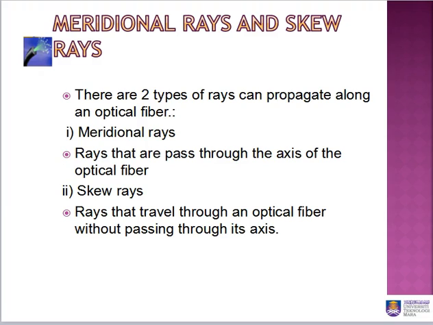Now let us look at the meridional rays and skew rays. There are two types of rays that can propagate along an optical fiber, actually three types. One is the axial ray, the second is the meridional rays, and the third is the skew rays. Meridional rays are rays that pass through the axis of the optical fiber. Skew rays are rays that travel through an optical fiber without passing through its axis.